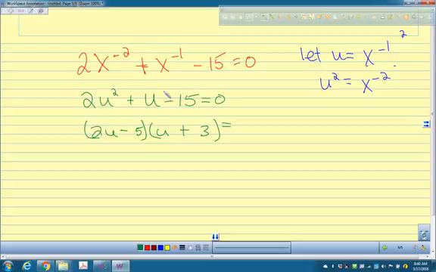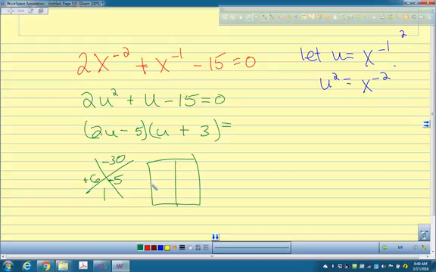You could have also, remember the cross and box method that we did way back when? You would have to do the cross. What goes in the top of the cross is negative 30. What goes down here is 1. Two numbers that multiply to negative 30 and add to 1 are 6 and 5, I believe, right? And this is positive, and that's negative. And then you would draw your box over here. Remember this?